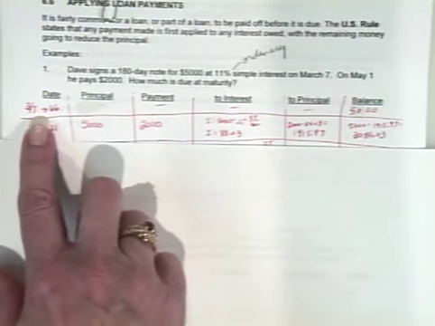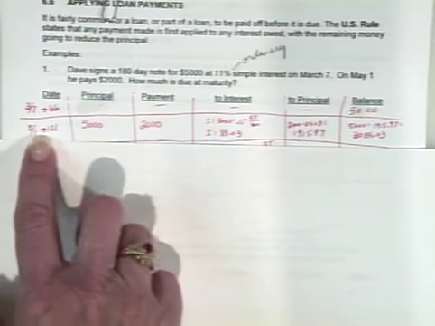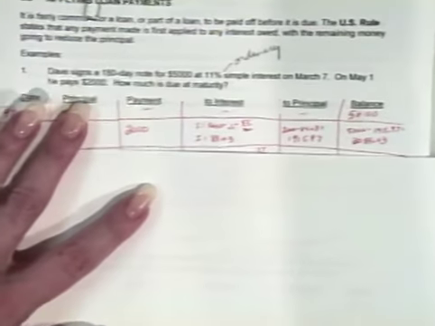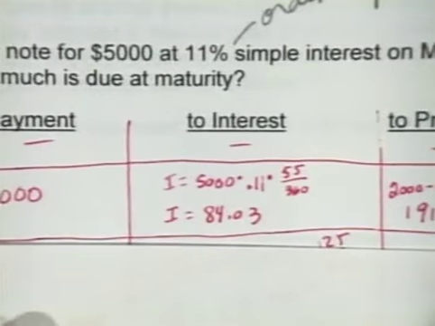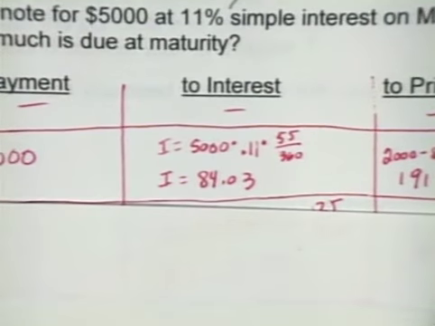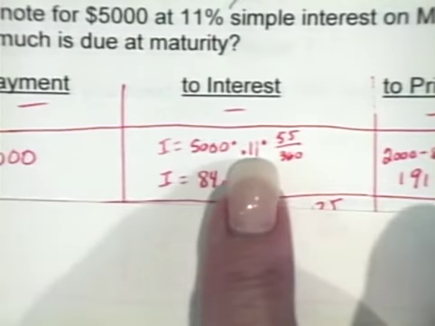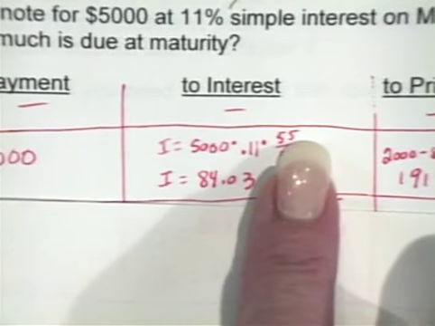So if he borrowed money on March 7th and it is now May 1st, what we need to calculate is how much interest he owes. I'm going to zoom way in here. He's got interest due at that point on $5,000 at 11% for 55 days.